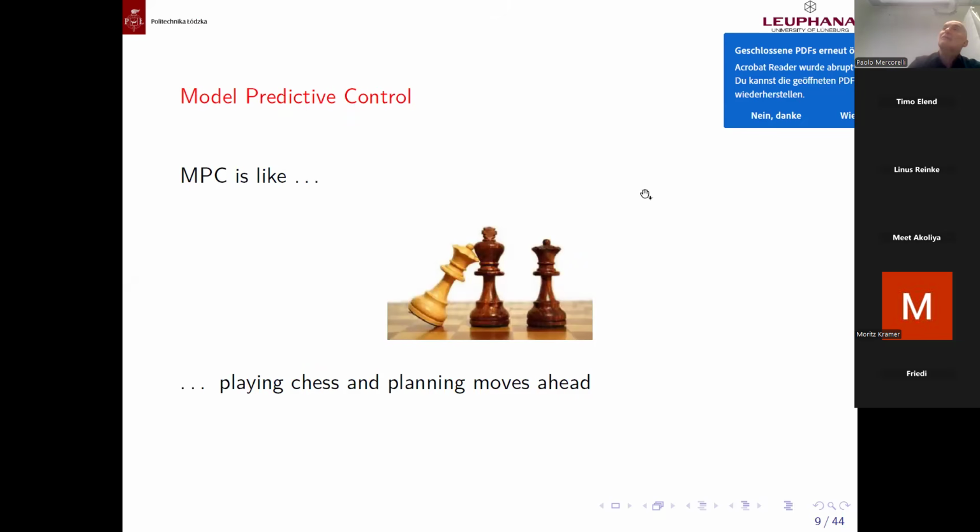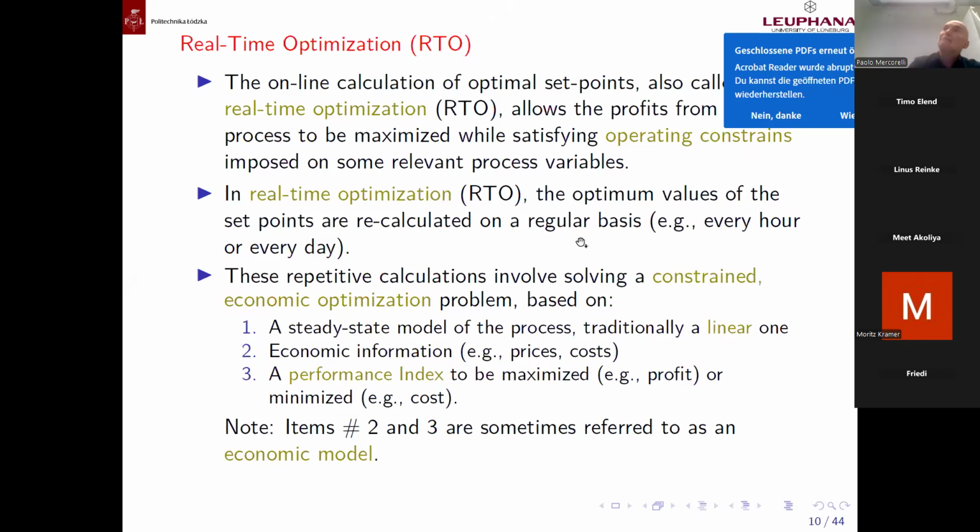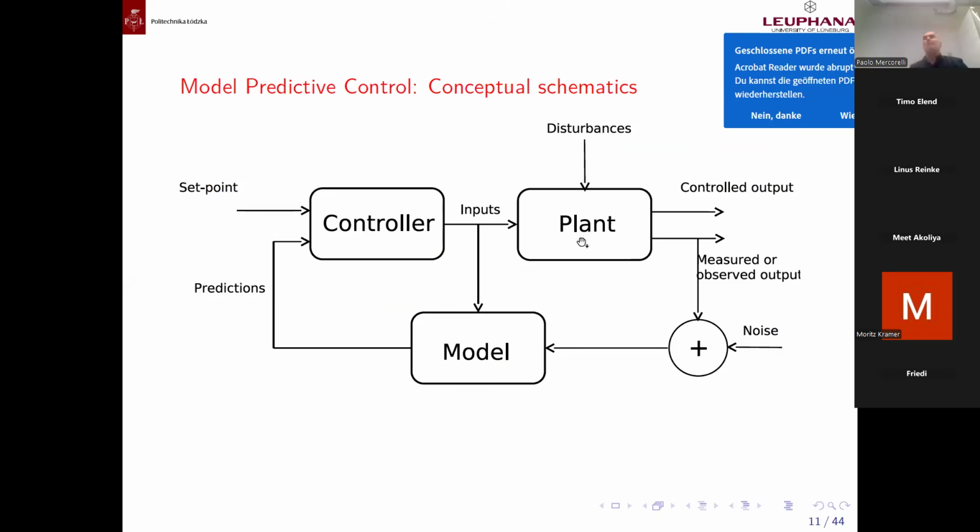The idea is basically similar to this chess game in which we try to predict our moves and the moves of our adversary. Here is probably the best way to explain what I already told you, but very quickly and fleshing out the concept.